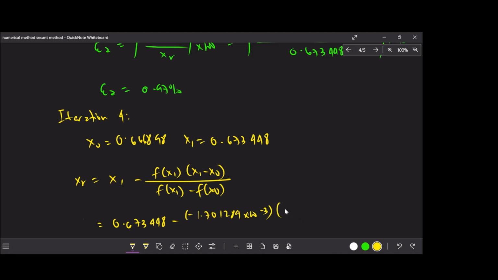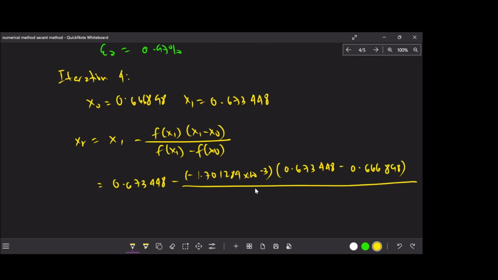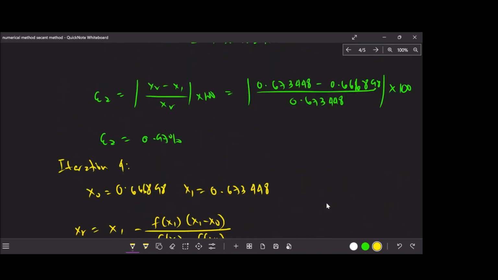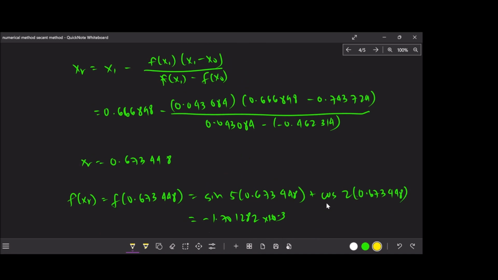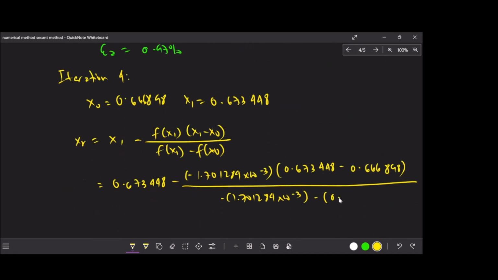Then we have x1, which is 0.673448, minus x0, which is 0.66898, all over negative 1.701282 times 10 to the power of negative 3 minus our f of x0. So that is equal to 0.043084.